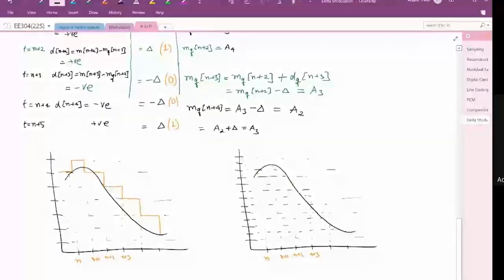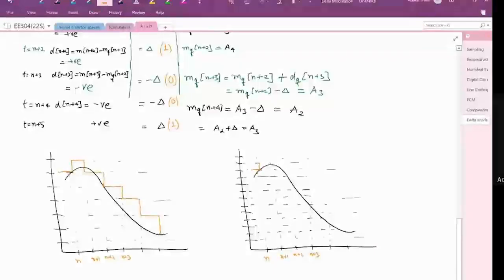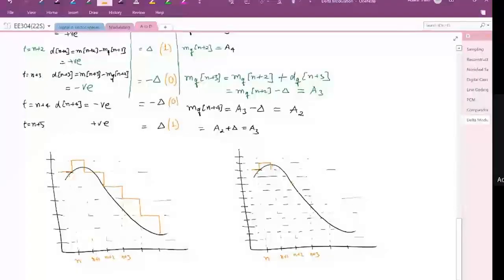Now what will happen? At time t equal to n, we had this level as in the previous case. But at time t equal to n plus 1, it will increment to this value and remain like this. Now we see the difference is negative, so there will be a minus delta like this.